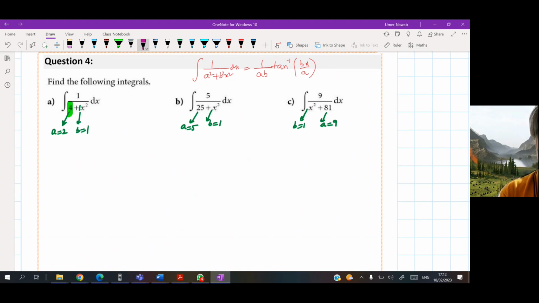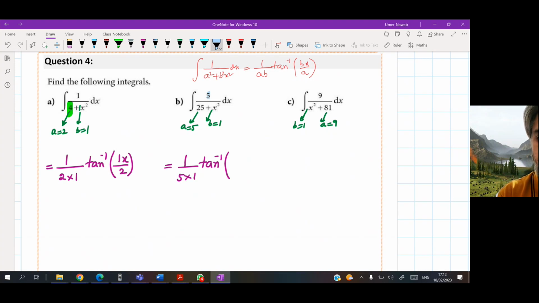So what is the answer? 1 over AB inverse tan of bx over a. Oh, there was a number here. Sorry. There is a number 5, so I need to copy it here. So x over 5.